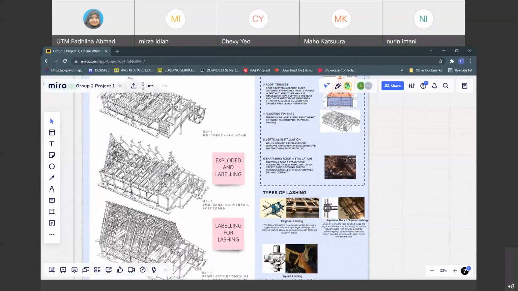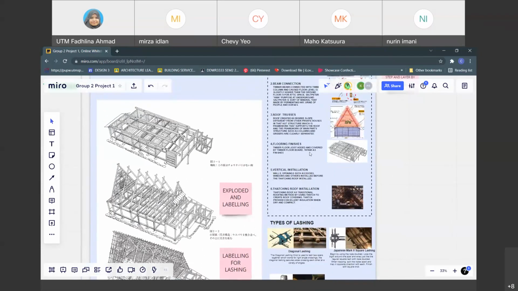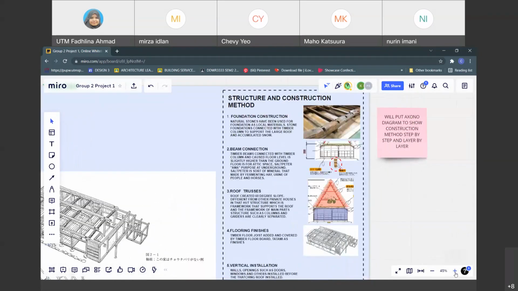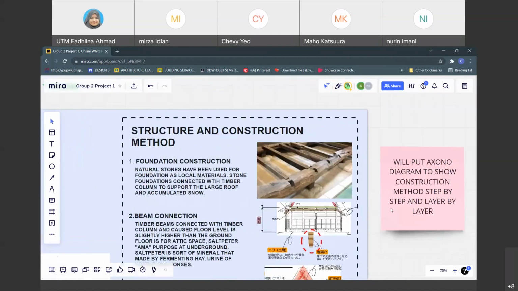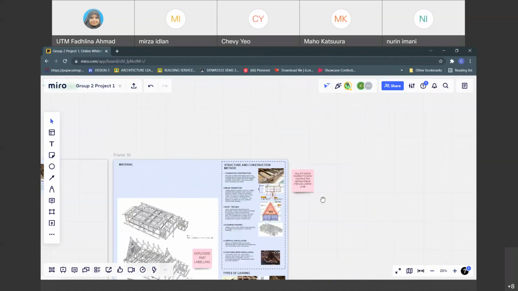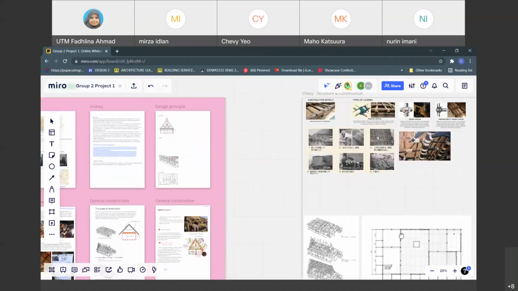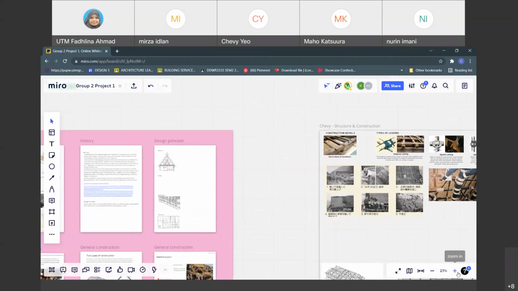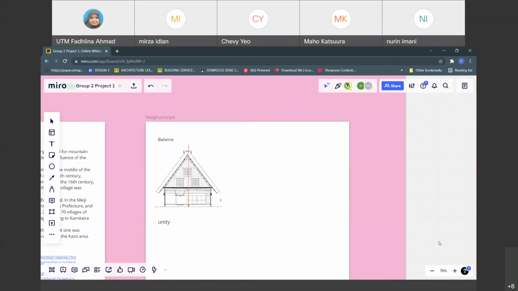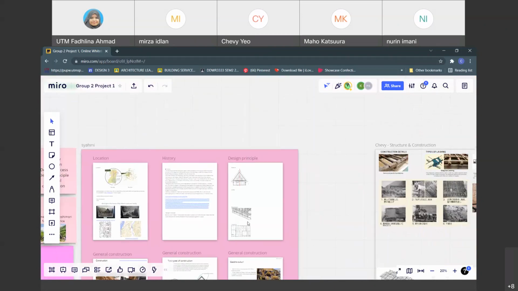So regarding the flooring, I want to know more. You were talking about the stones, right? How do they determine the height of this building? So there is some gap in between, is it? It is not really on the land, but it has some gap, isn't it?